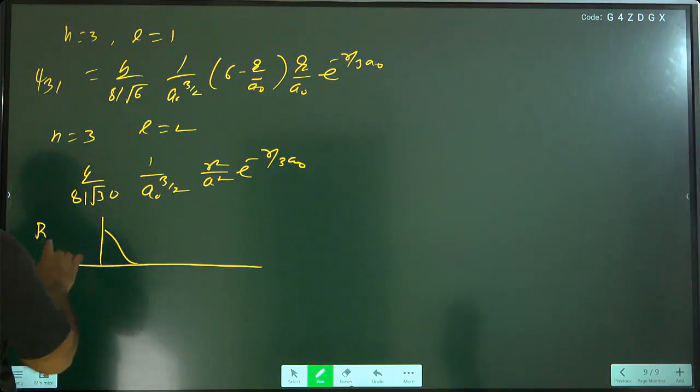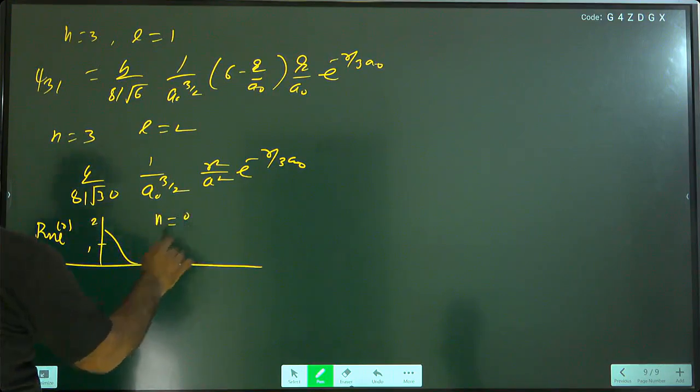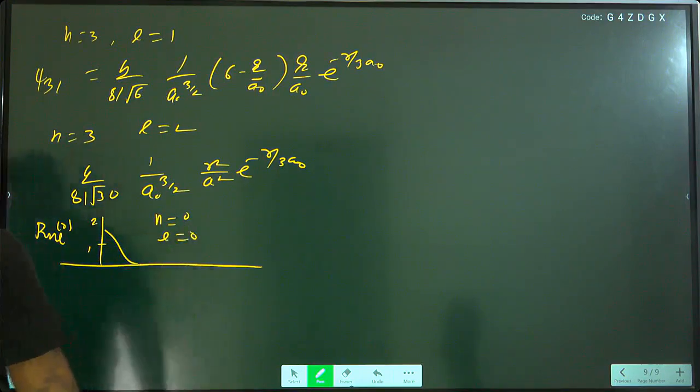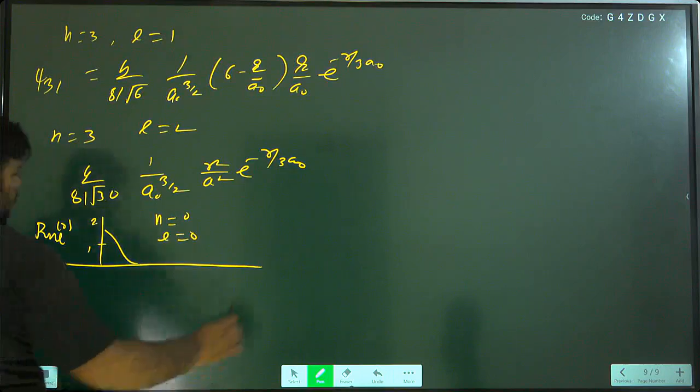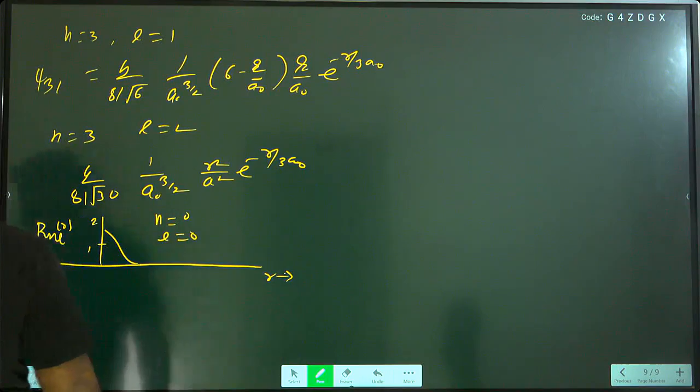R and L of R. Okay, here n is equal to 0, l is equal to 0. Here along the direction we can take the R values, R changing along the directions.